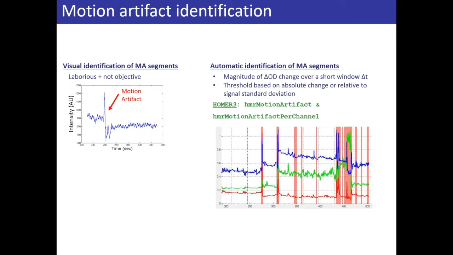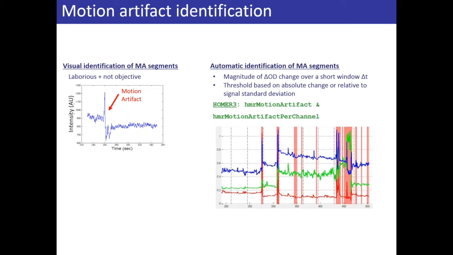And generally we look for rapid changes that are much faster than physiological changes, for instance, much faster than heartbeat or other oscillations in the signal. We can look at either absolute change in amplitude or relative to the standard deviation of the signal. They can both work.